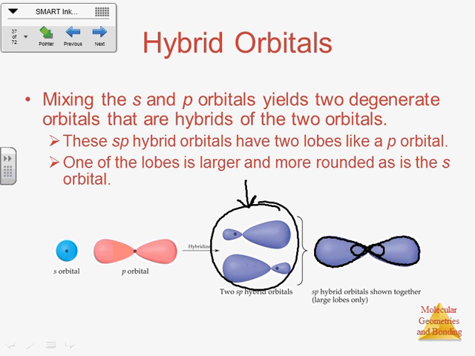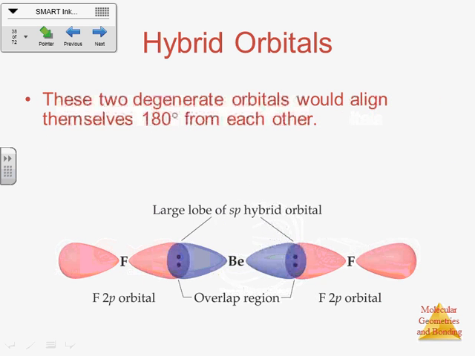And because they're hybridized, that means that when we form something like BeF2, it's going to be completely linear. These things are exactly the same, so they can get completely on opposite sides of the beryllium, and you have a linear molecule there, 180 degree angles. Okay?